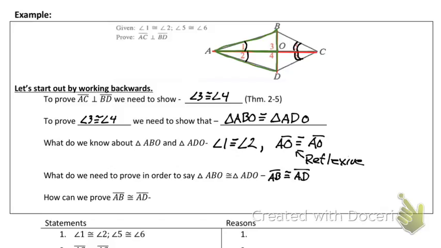So that is how we use another triangle to prove another part of a triangle. In short, we need to say that triangle ABC is congruent to triangle ADC.